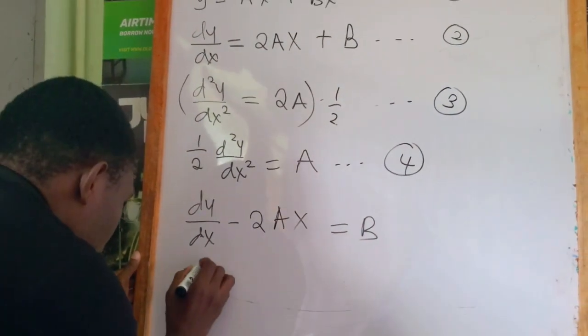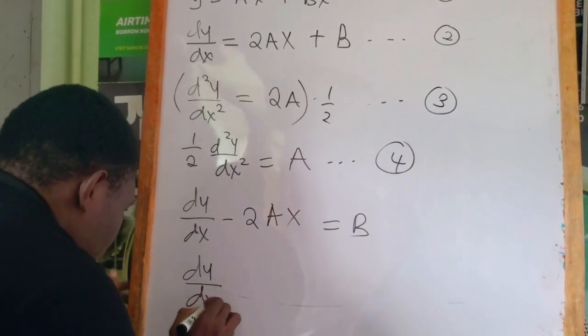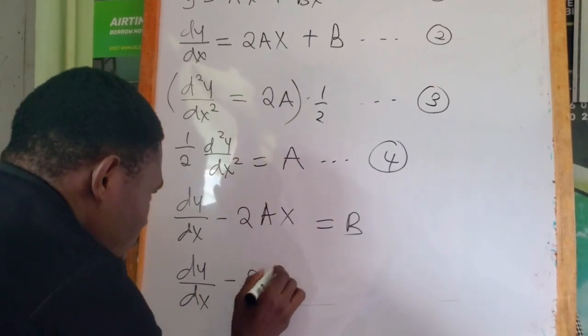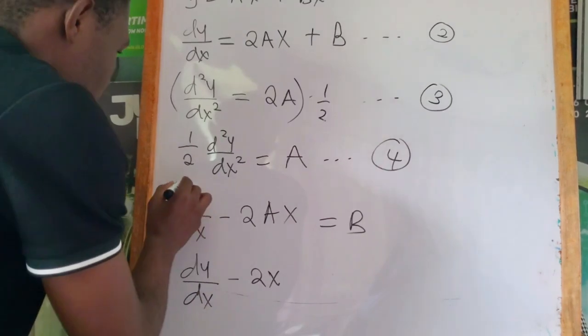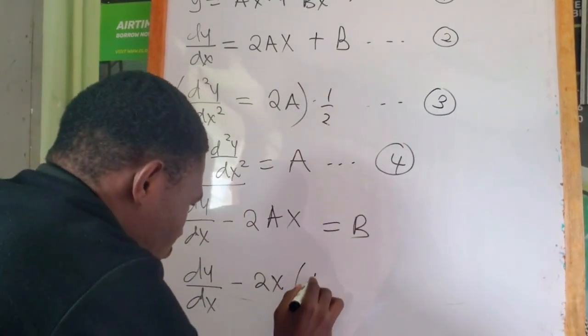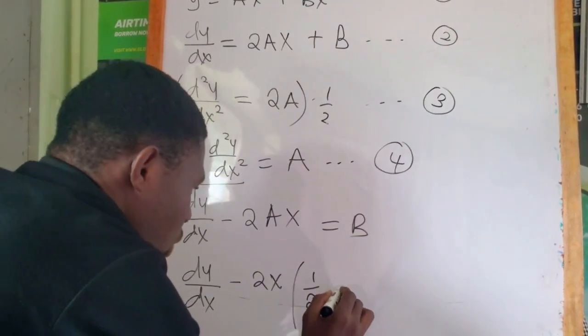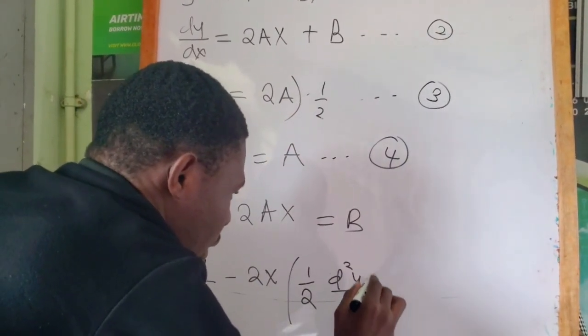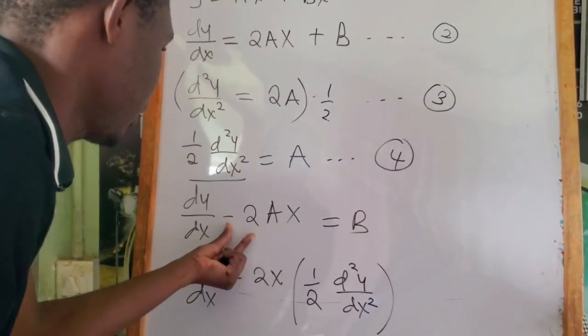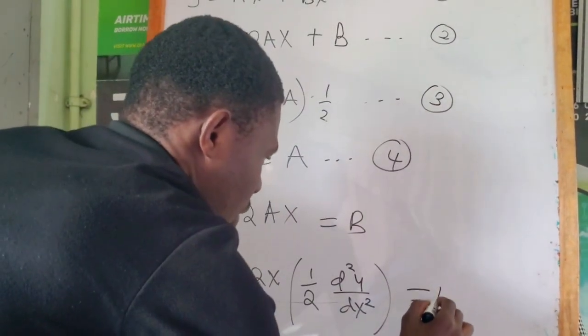So we get that dy/dx minus 2, let's put the x together, x into this. This will be 1 all over 2 d2y/dx squared is equal to b.